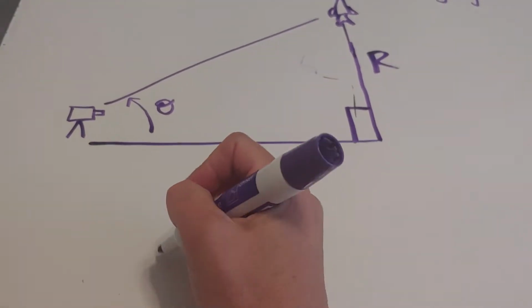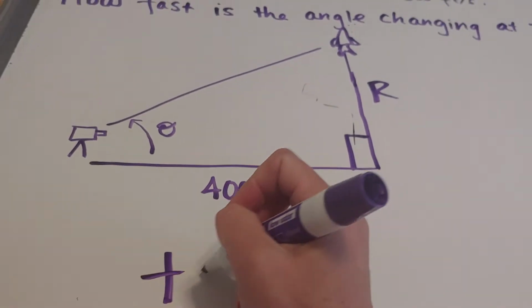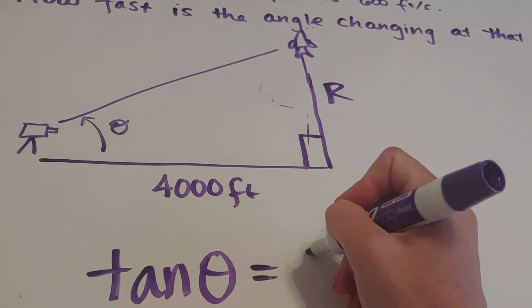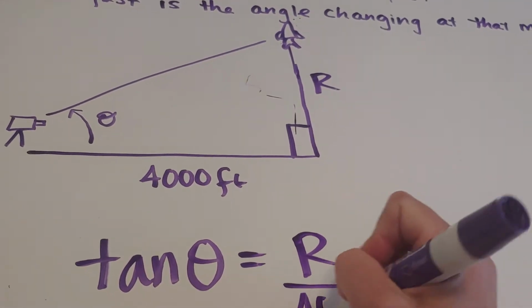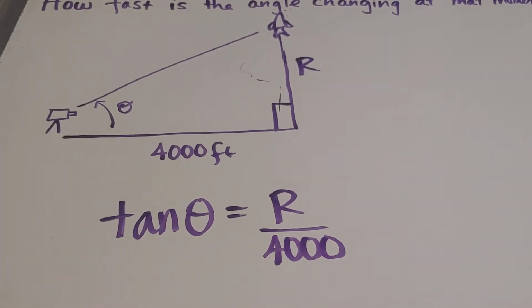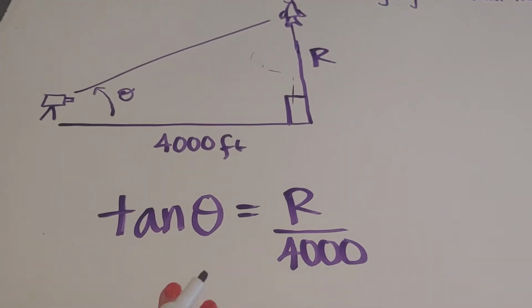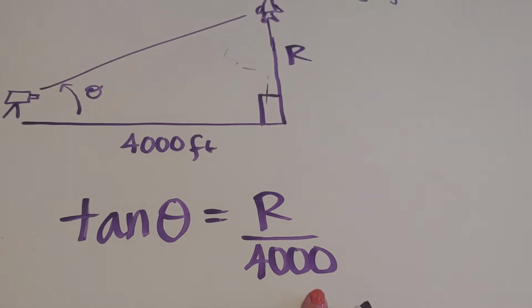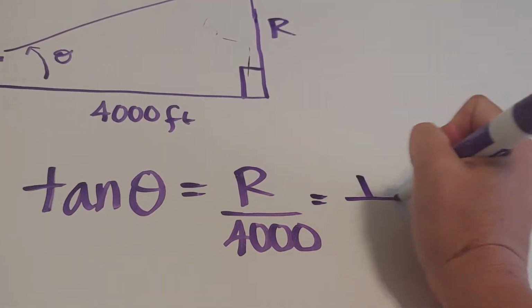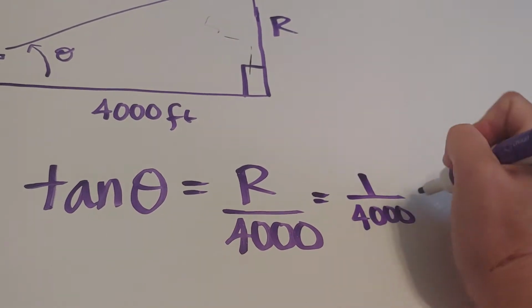So what I've got is the tangent of theta equals r over 4,000, so opposite over adjacent. We're going to take the derivative with respect to time, but before I do that, I want to remind you that when you have a denominator that's just a constant, you can push it to the side, and it's just a coefficient.